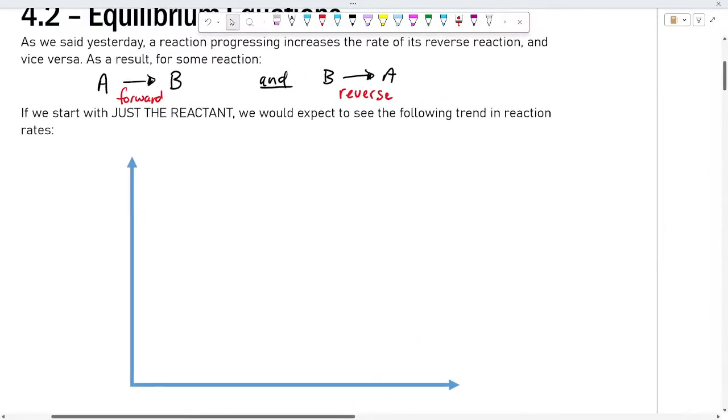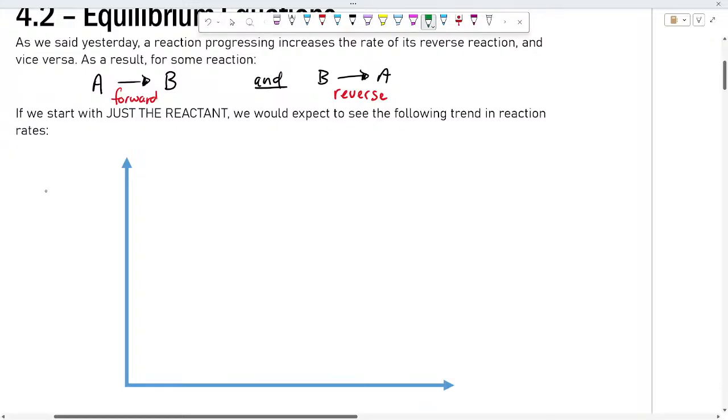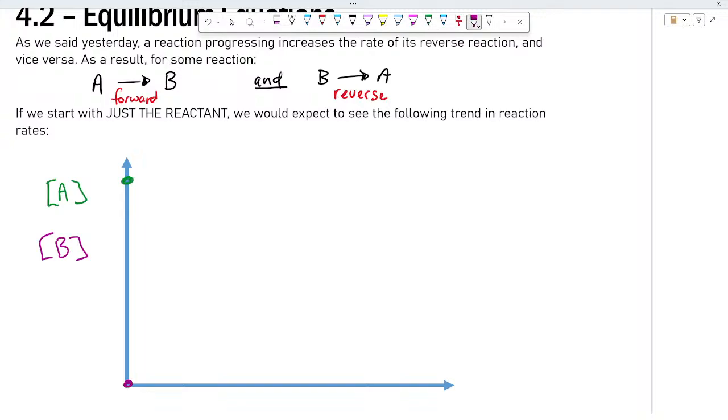Such that if we wanted to, we could keep track of the concentration of A, which is the reactant we start with, and we could keep track of the concentration of B if we felt so inclined. And if we started out with just A, we talked about this yesterday, what's going to happen? If we start out with a bunch of A and no B, which reaction is going to happen exclusively at the beginning?